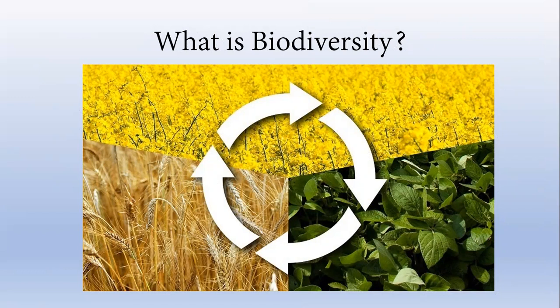Oftentimes we find our farm fields with monoculture. We'll see corn planted in the same field year after year after year, which is not very diverse. So we want to expand the number, the types, the differences in the plants that we're planting, in the insects that we're attracting, in the soil microbes that we are bringing in.